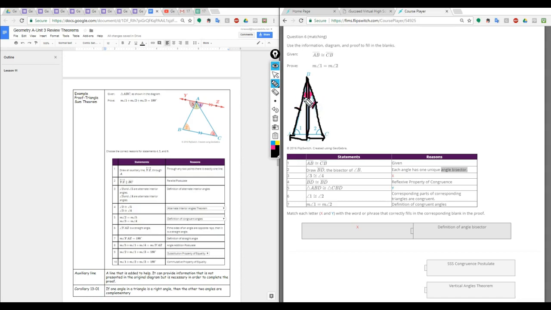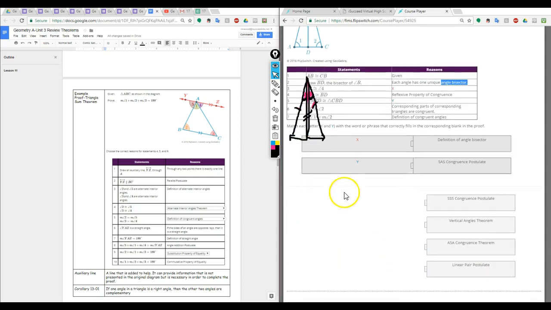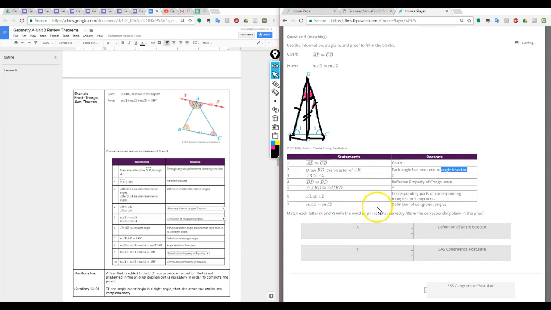We have angle 3 congruent to angle 4, that is a corresponding angle. And then we have side BD congruent to itself because it's the same side. So we have a side, an angle, and a side. The corresponding side, angle, and side. So we have side, angle, side congruence postulate. And then it goes on to explain the rest of it.